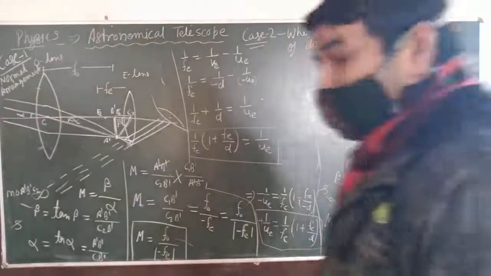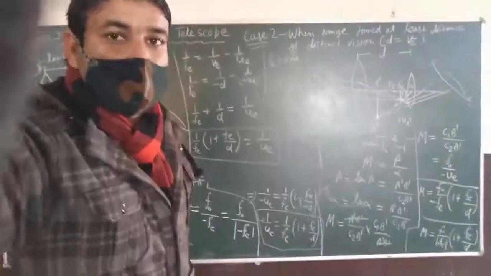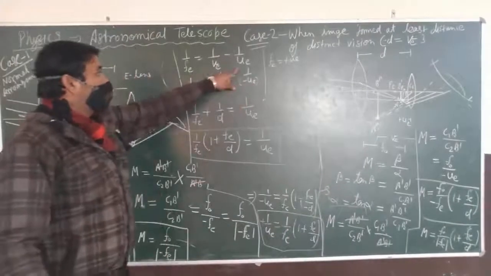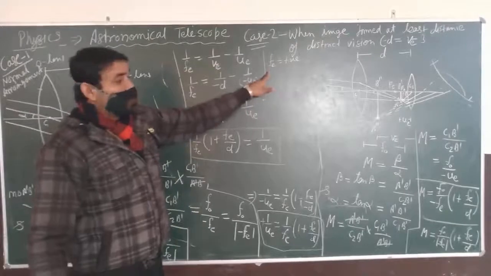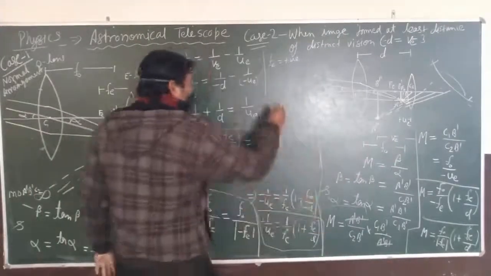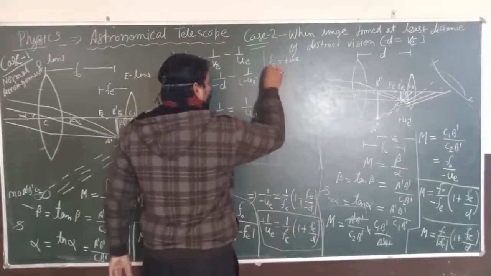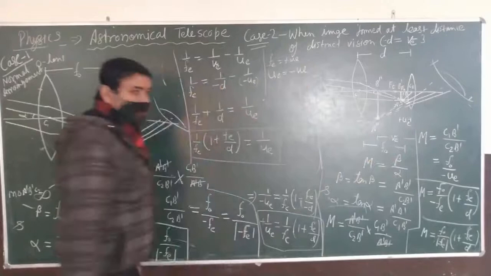Okay, wait. If you find the calculation in the lens formula for the eyepiece, Fe is positive because it is the focal length of a convex lens. Clear? Now UE is negative. Why is UE negative?